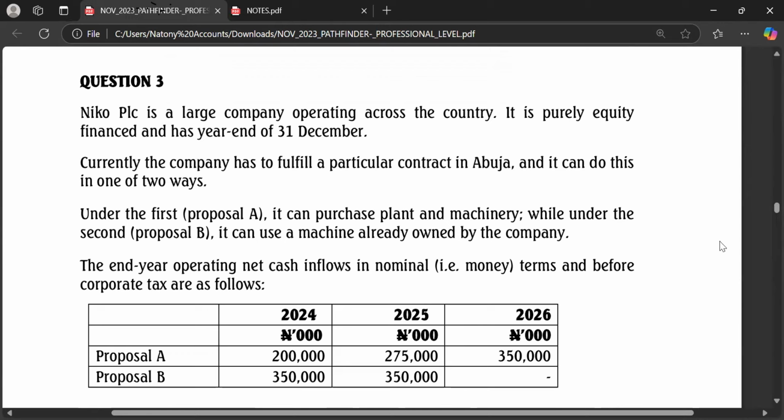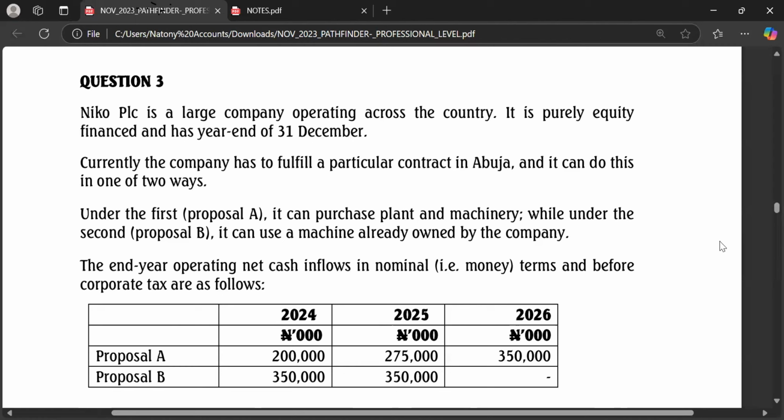Senico PLC is a large company operating across the country. It is purely equity financed and has year end of 31st December. Currently, the company has to fulfill a particular contract in Abuja, and it has to do this in one of two ways.